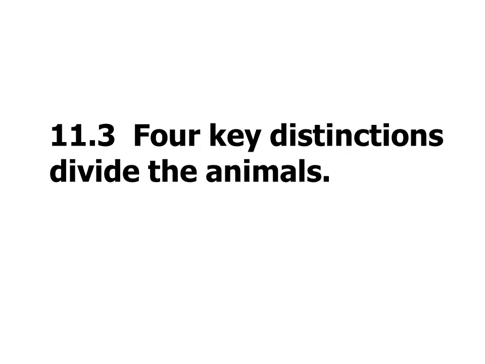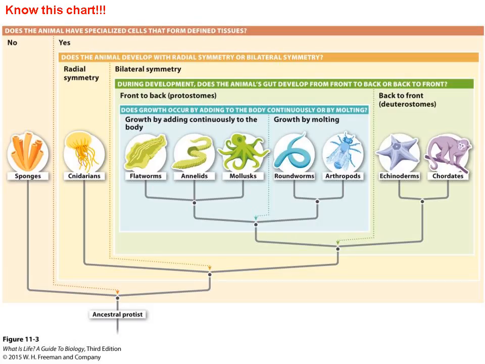And then within the category of animals, we have 4 key distinctions. More than 2/3 of the almost 2 million species on Earth that have been identified are animals. With such a large number of animals to organize and identify, it is useful to divide them into a few large categories based on their evolutionary relatedness. Alright, so you need to know this chart.